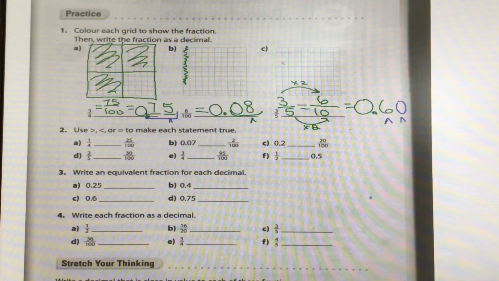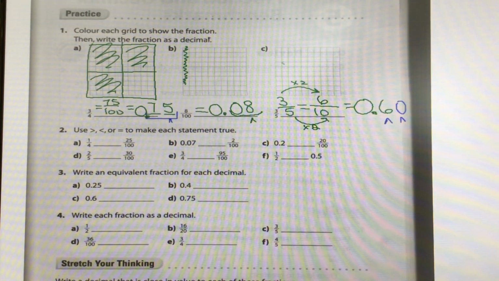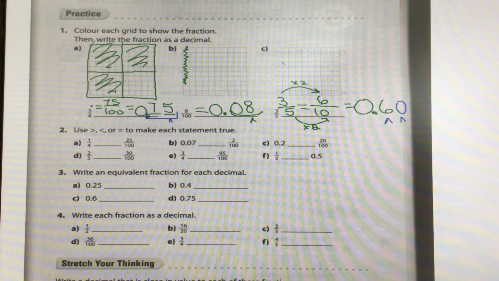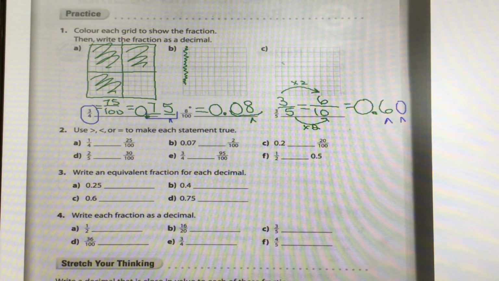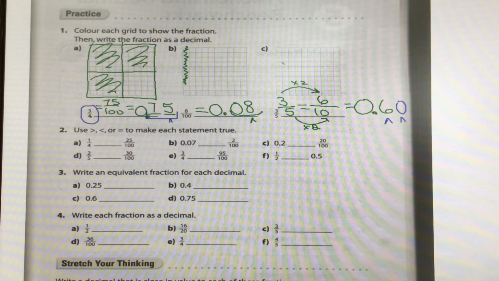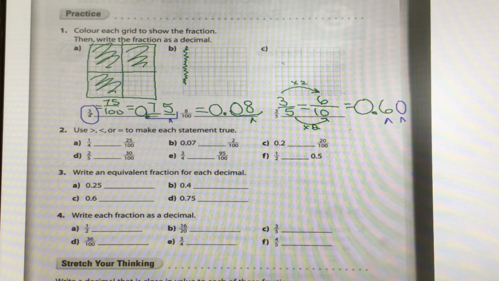On page 2, the practice says color each grid to show the fraction, then write the fraction as a decimal. What it's given us is 3/4. How do you show this grid as 3/4 shaded? Well, you divide it into 4 because 4, as the denominator, makes up the whole.